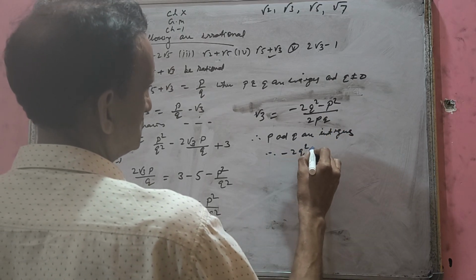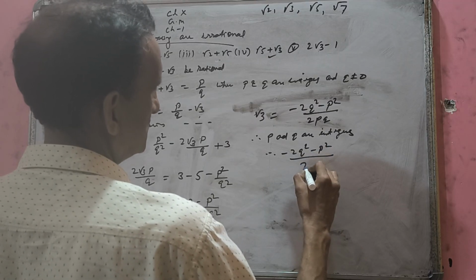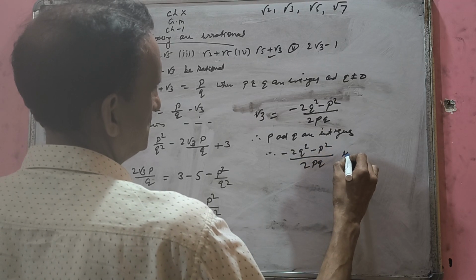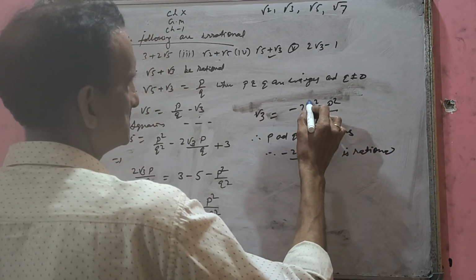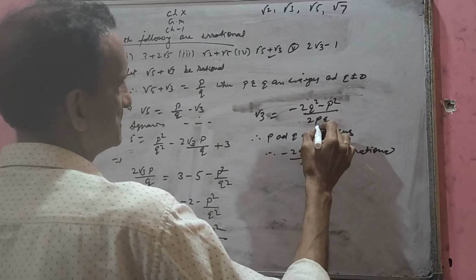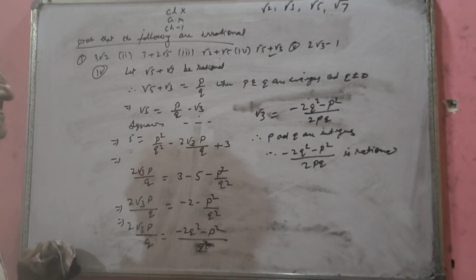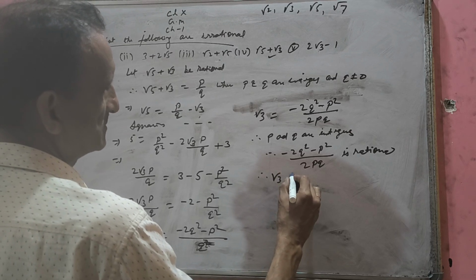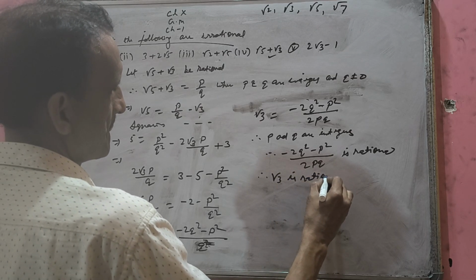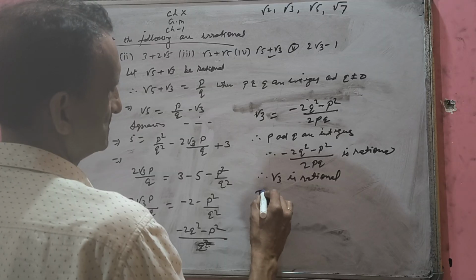therefore minus 2q square minus p square by twice pq is rational. This is an integer, integer minus integer, this is integer by integer, rational, and this is equal to this. So therefore root 3 is rational. And this is the contradiction.